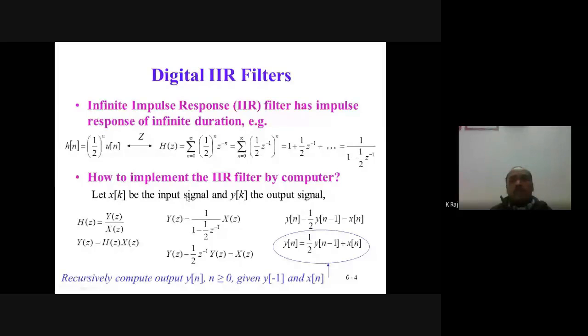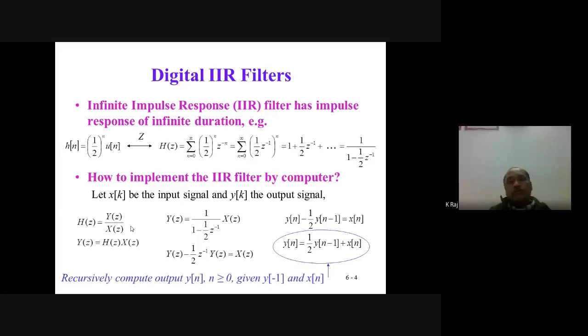How do we implement the IIR filter? By using software, that is, some packages or computer tools. Now suppose we consider an input signal x(k) and the corresponding output y(k). Then the system function is described as the Z transform of the output to the Z transform of the input, with all initial conditions considered to be 0.